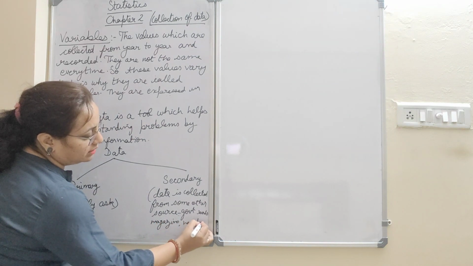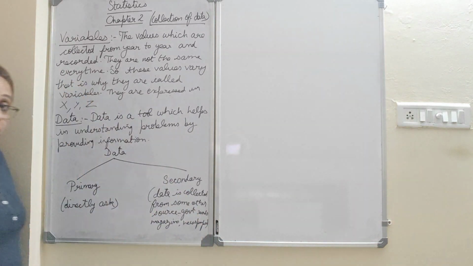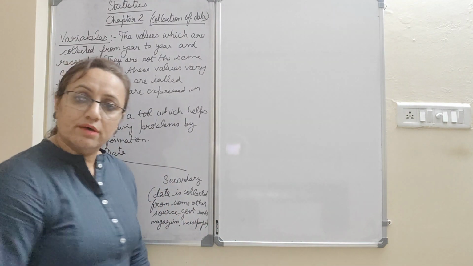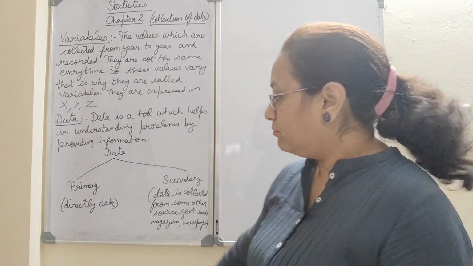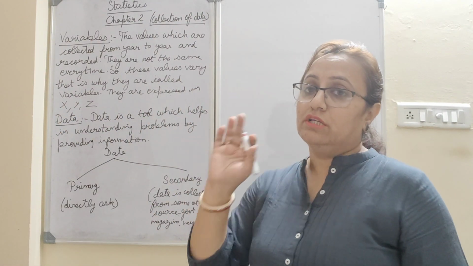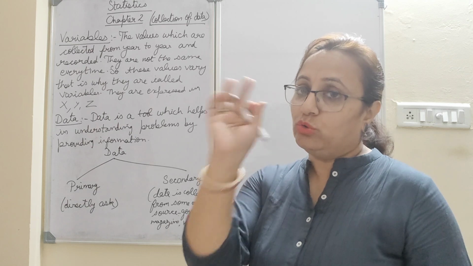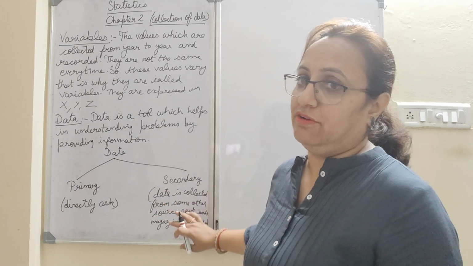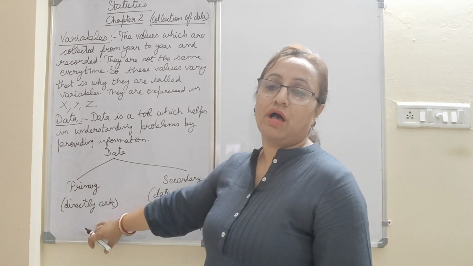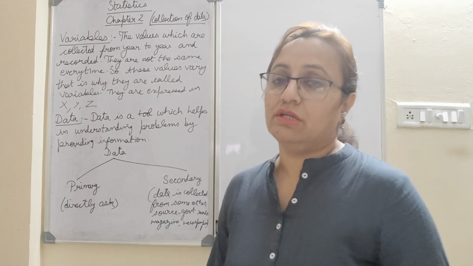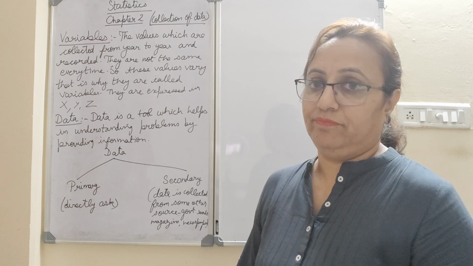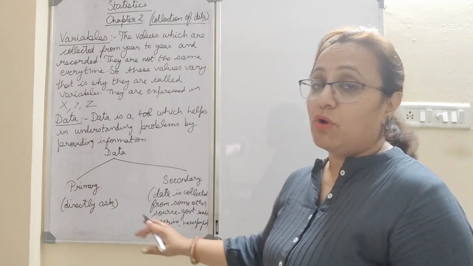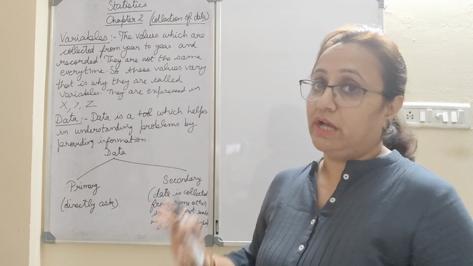So these all data are collected by someone else but is being used by some other person. So it becomes secondary data. When I am not directly going to the respondent, directly not going to the market to collect some information, then it is secondary. When I am directly going to ask people and collect the information, then it is primary. I hope the difference between the both is clear to everyone. This is very important because in exams it generally comes.